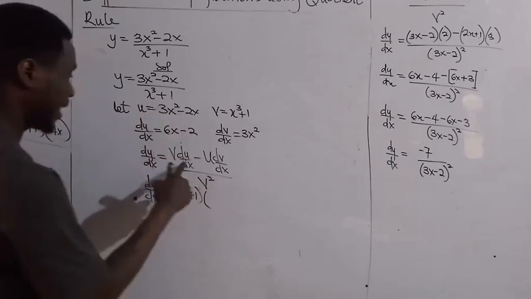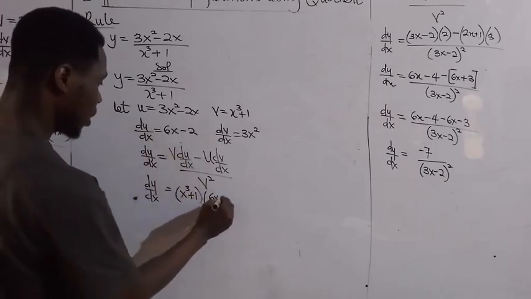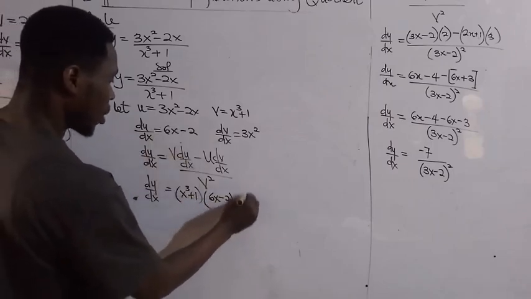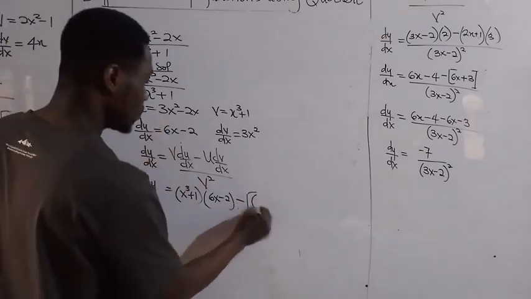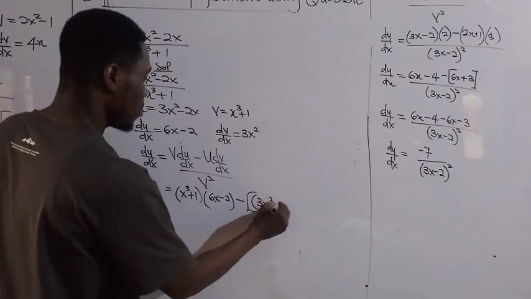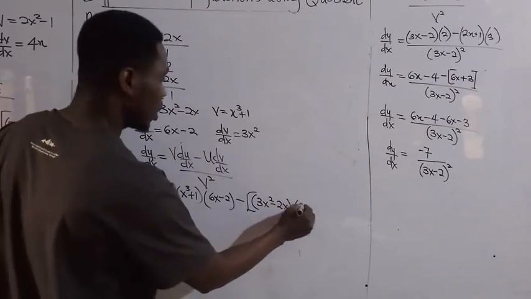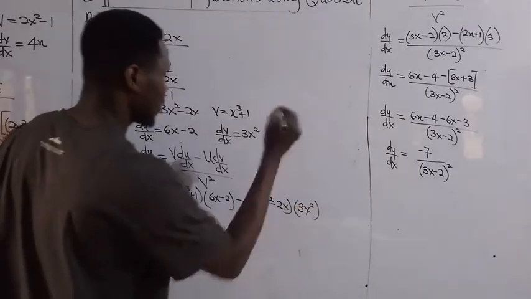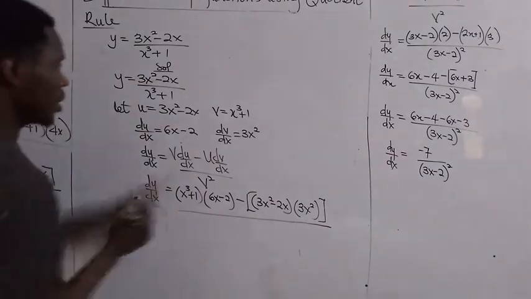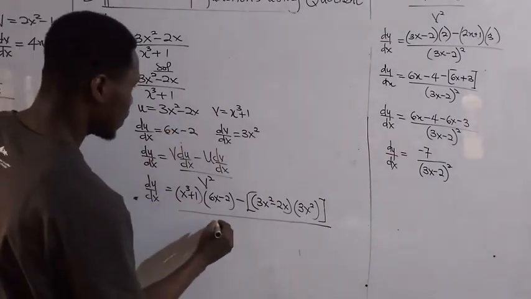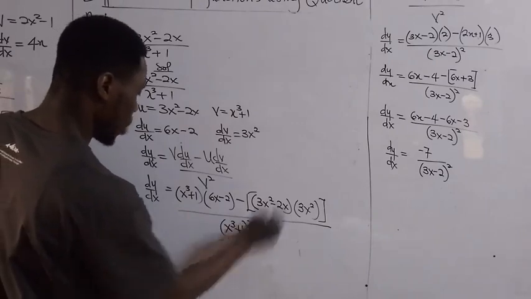Our du over dx is 6x minus 2, minus, then we have u. u is what? 3x squared minus 2x. Then we have what? 3x squared. We close the bracket all over v. v is x cubed plus 1 all squared.